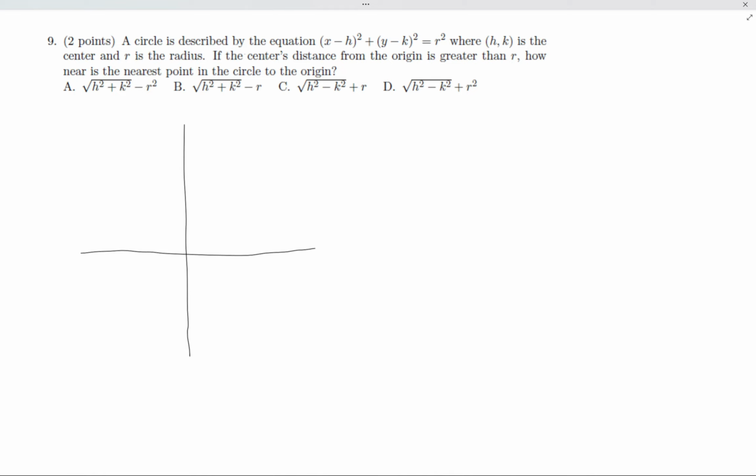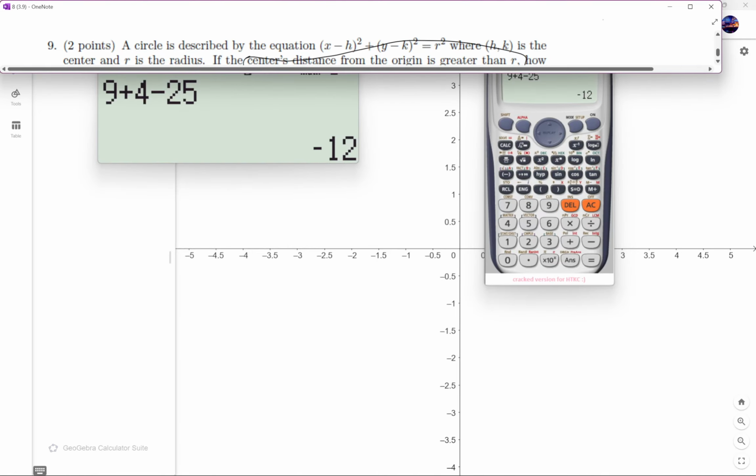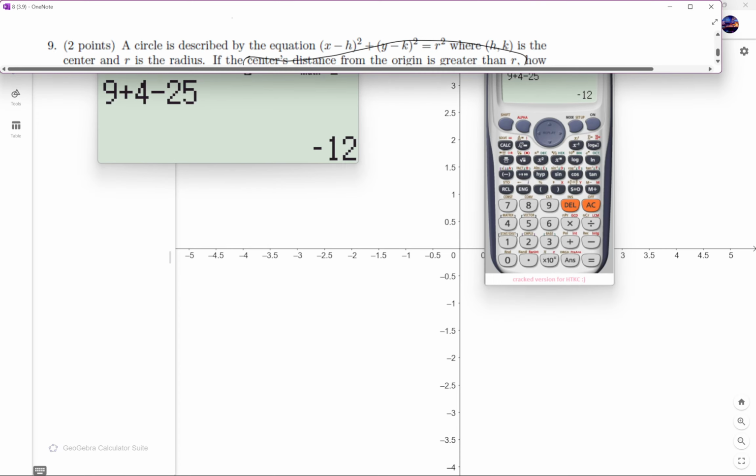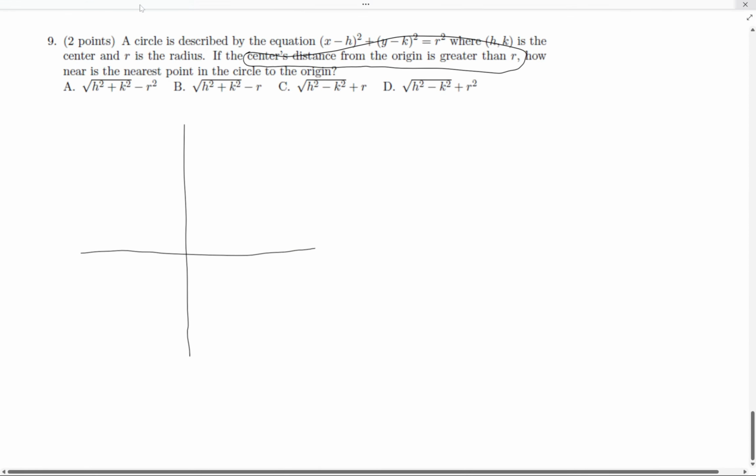Let's focus first on this one. The center's distance from the origin is greater than r. So therefore, the nearest point that the center can make is along another circle that I'm going to draw now.